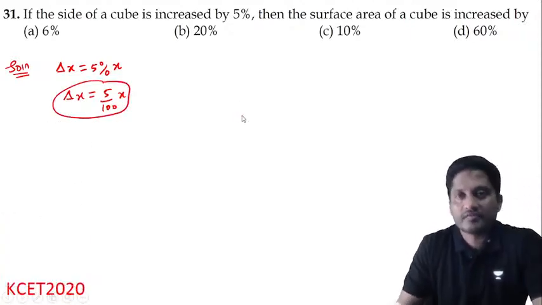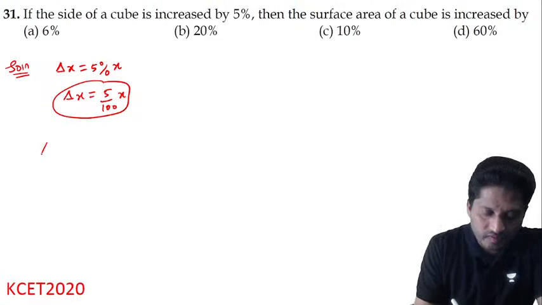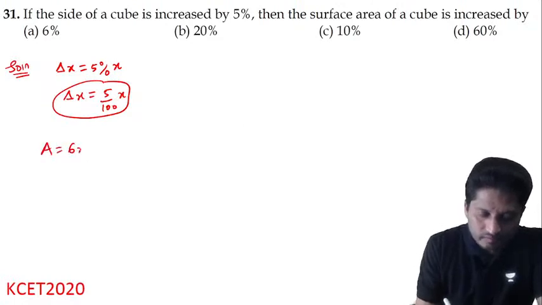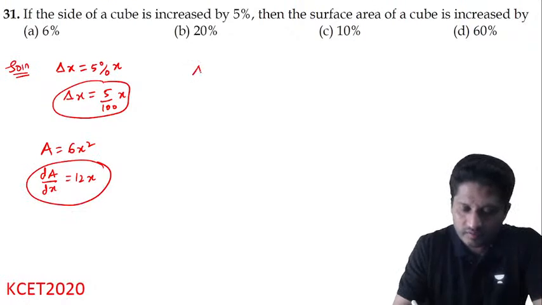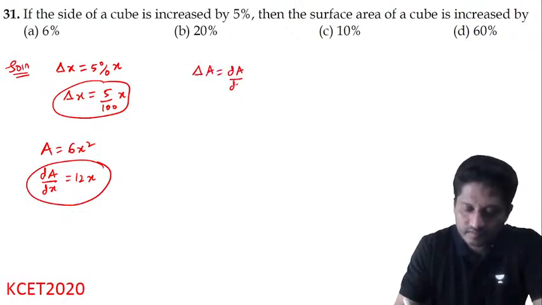And then the surface area of a cube. Surface area of a cube is 6x square, right? dA by dx is equal to 12x. Delta A is equal to dA by dx into delta x. So dA by dx is equal to 12x, and delta x is equal to 5 by 100 of x.